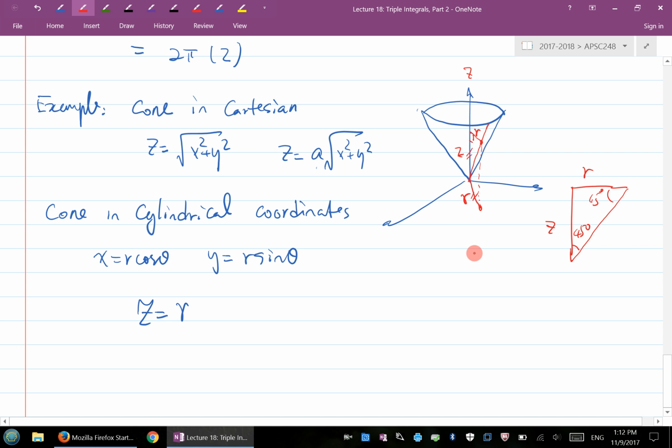As we'll learn next for spherical coordinates, this angle is defined as the phi angle. So the commonality for the cone surface is z equal to r, and you can also say phi equal to 45 degrees. So when you have a cone which sits at 45 degrees, you can just say phi equal to 45 degrees represents a cone. That's what we're going to cover next for spherical coordinates. This is the alternative way of describing a cone.